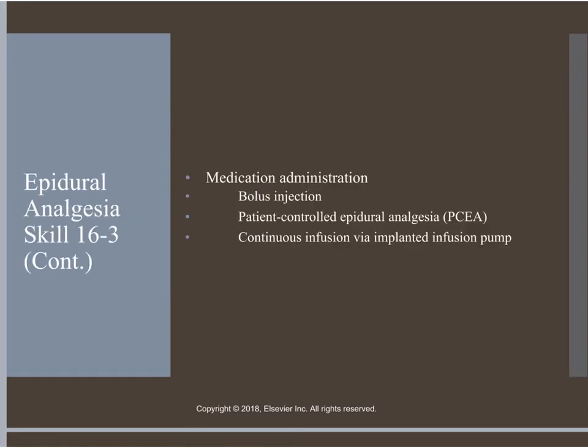A healthcare provider administers epidural medication intermittently via a bolus injection, or a patient can inject on demand using a pump. An epidural infusion can also be given continuously via a controlled delivery system, such as an implanted infusion pump.